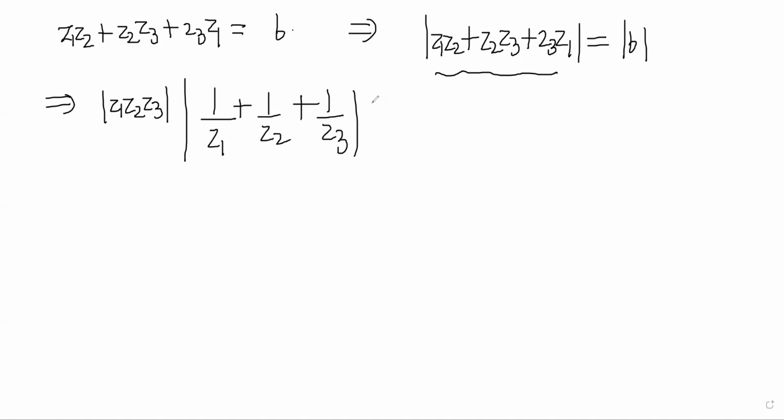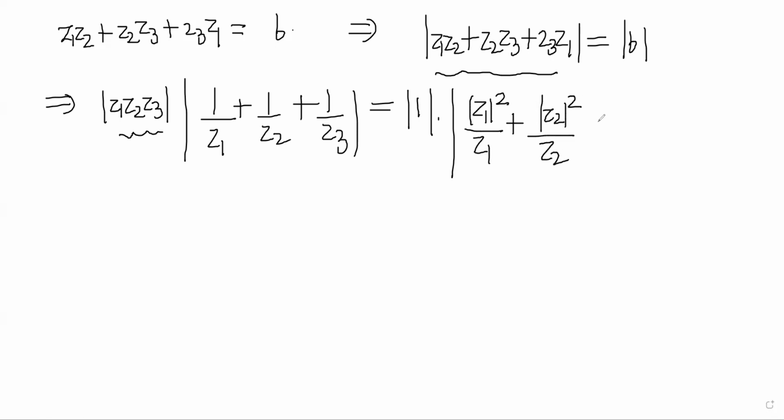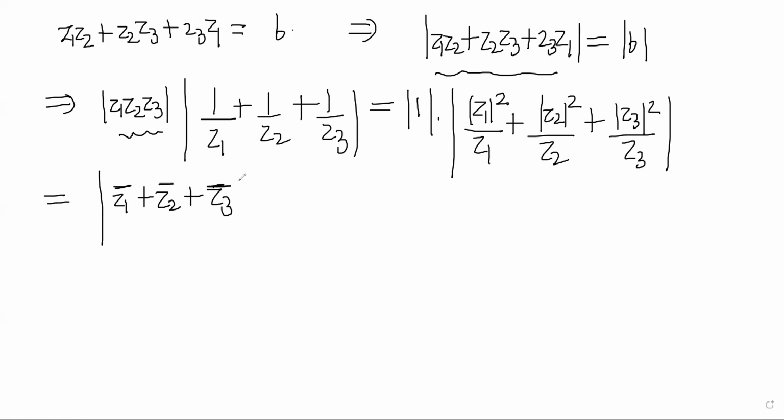Mod of z1 z2 z3 is actually simply 1, and 1 by z1 plus 1 by z2 plus 1 by z3 can be written as mod z1 square by z1 plus mod z2 square by z2 plus mod z3 square by z3, which is equal to z1 conjugate plus z2 conjugate plus z3 conjugate, right?